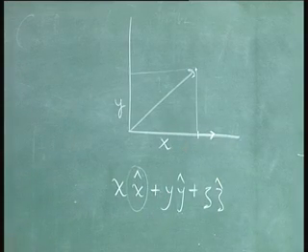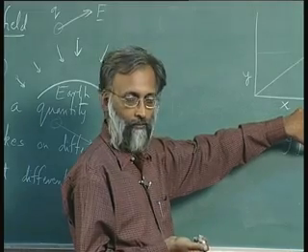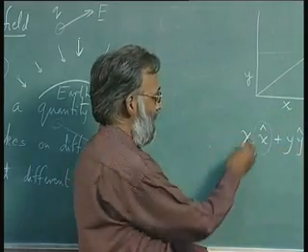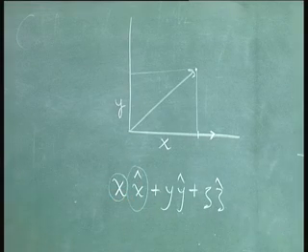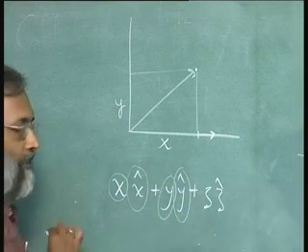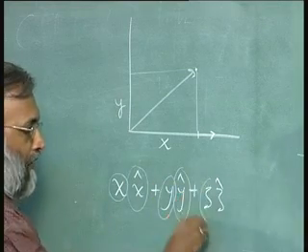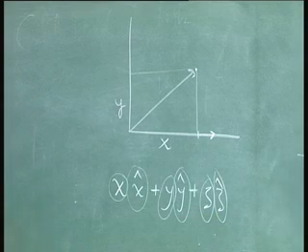So, it has no magnitude, or its magnitude is just 1, but it has direction. The magnitude is sitting inside x, the direction is sitting inside x caret. Similarly, magnitude inside y, direction inside y caret, magnitude inside z, direction inside z caret.